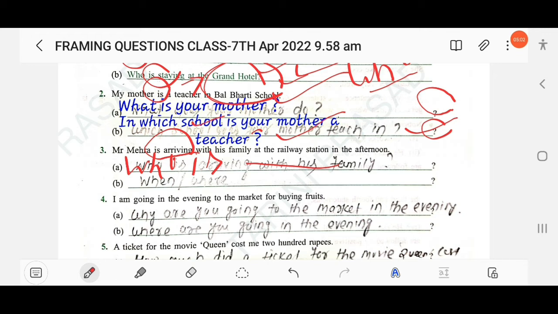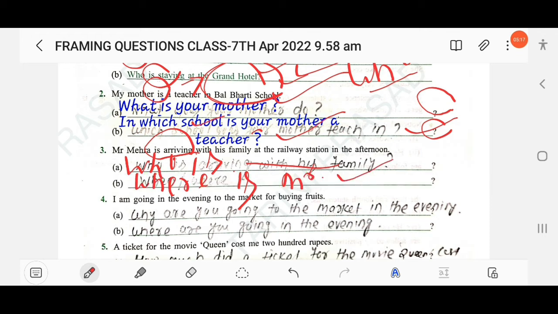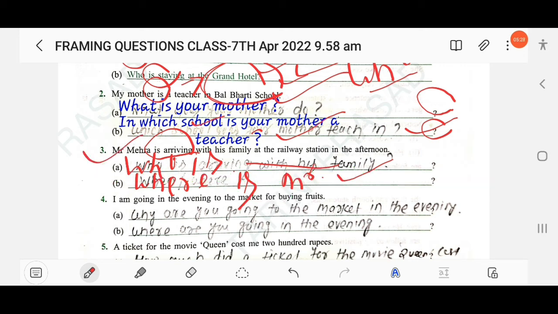So you can also use where: where is Mr. Mehra arriving with his family in the afternoon? Or you can also write: when is Mr. Mehra arriving with his family at the railway station? So here three WH words can be used: the first who, then where, then when.